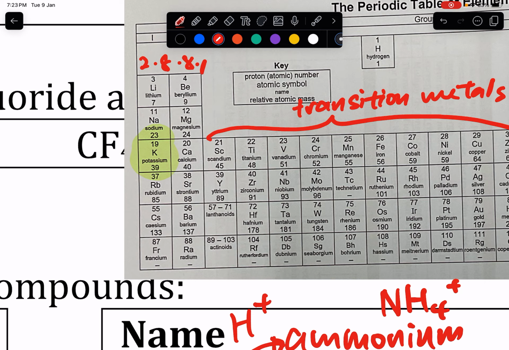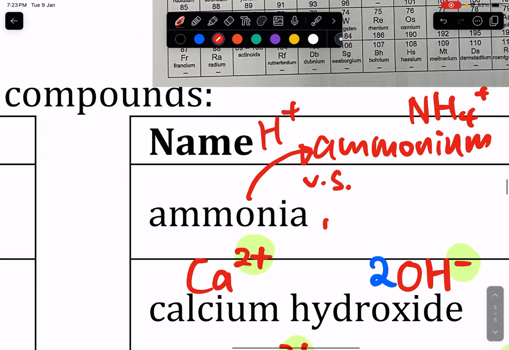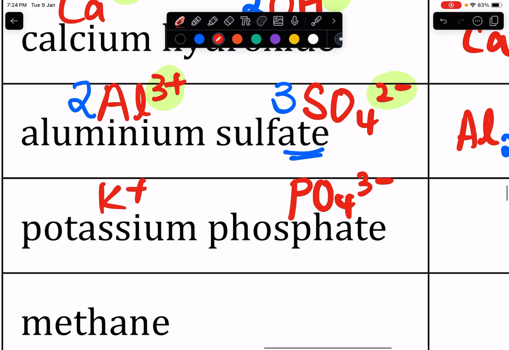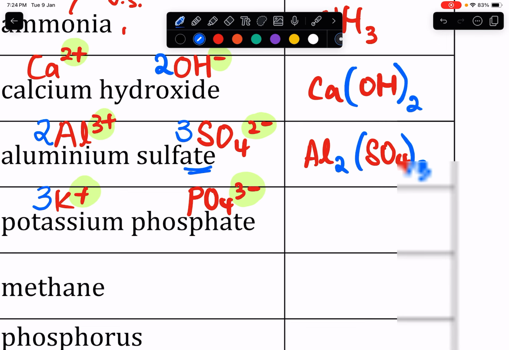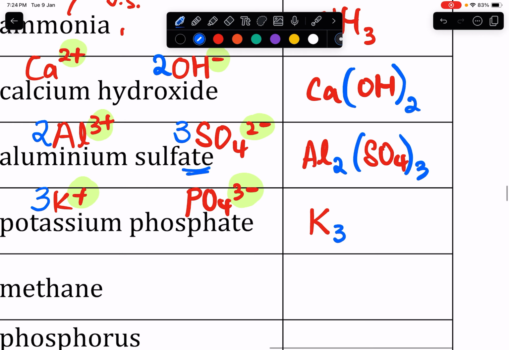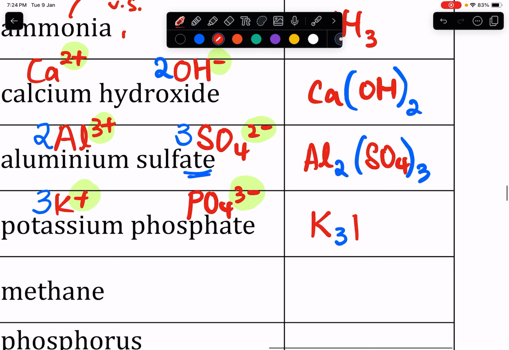So to obtain noble gas structure, it loses that 1 electron and it will be K plus. Then I have a 3 minus and 1 plus, so I must multiply the plus by 3. So the formula is therefore K first. Notice that the cation always comes first. K3, then there's just 1 phosphate, PO4. That's the end.